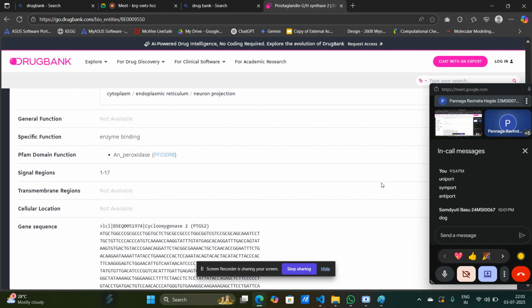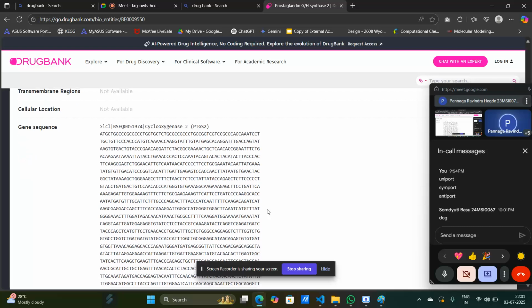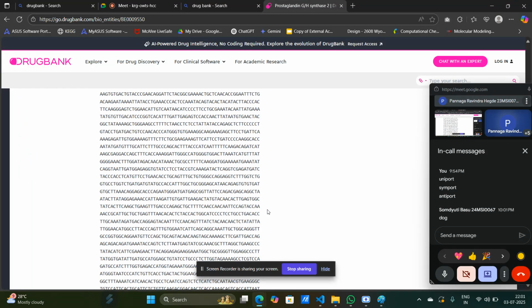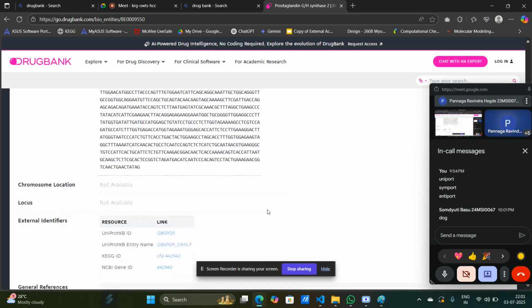Okay, so the topic that I wanted to tell you guys about is something called the action of the drug. Drug and target might interact in different ways, and there are different types of targets.